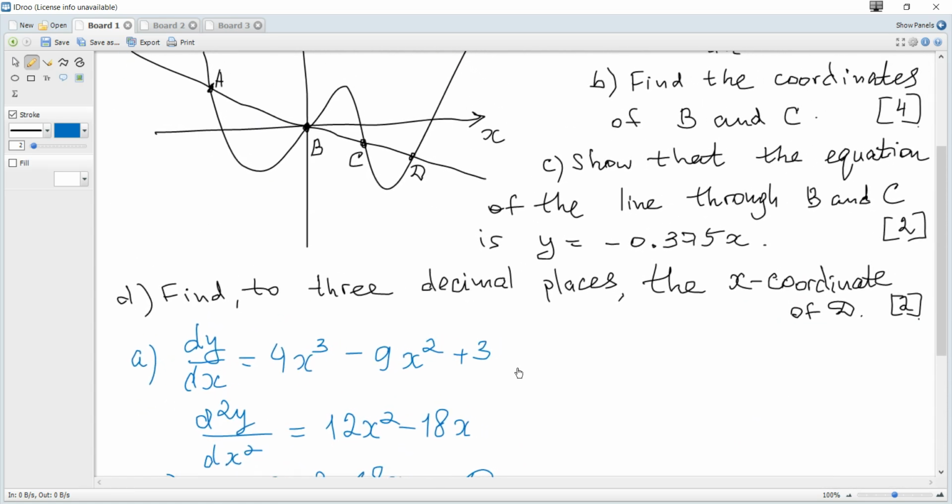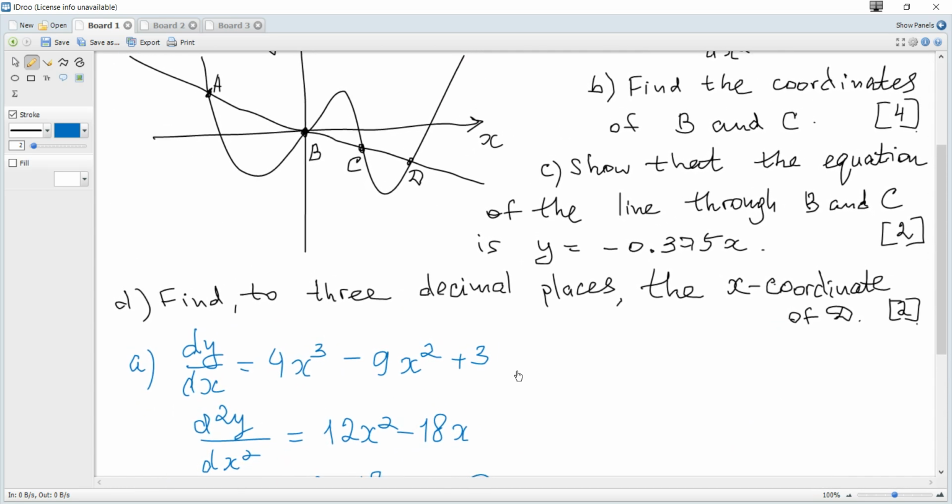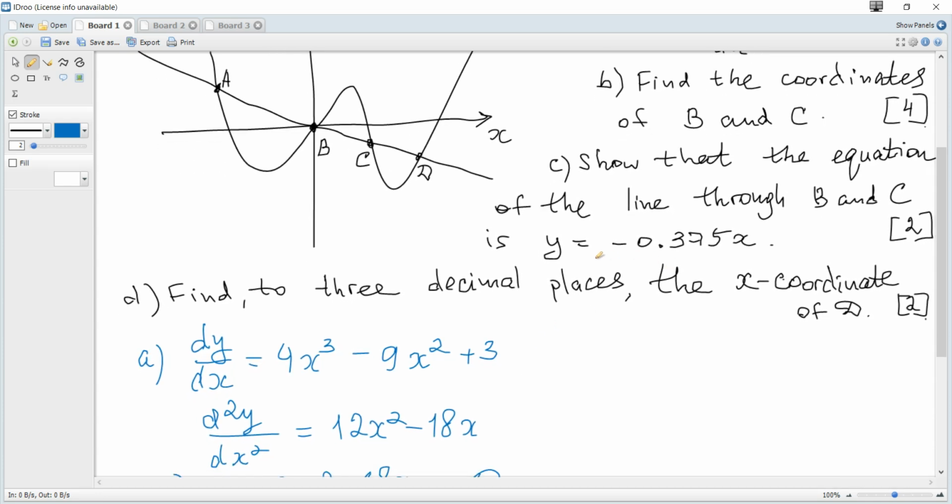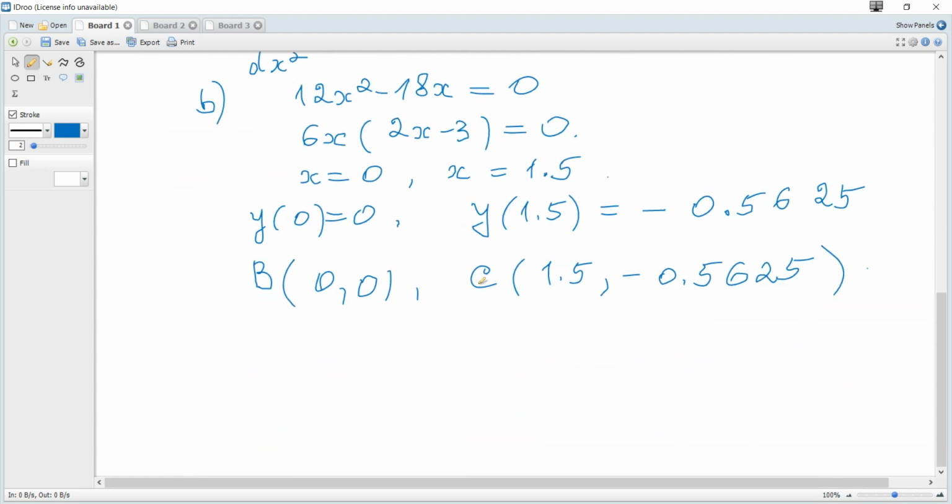The next part shows that the equation of the line through B and C is y equals negative 0.375x. So we need just the equation of a line through 2 points. How to find the equation of a line?